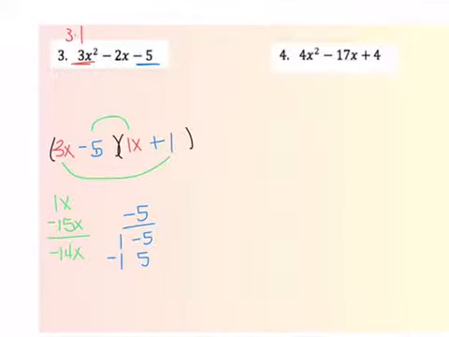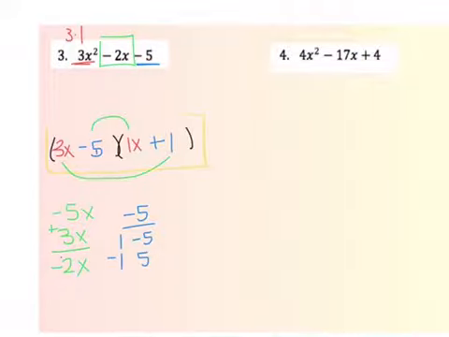If we do that, again, let's check the insides. Multiplying the insides, we get a negative 5x and a positive 3x. So when you add those, I end up getting a negative 2x, which is exactly what I want. So we're good to go. That's going to be my final answer then.